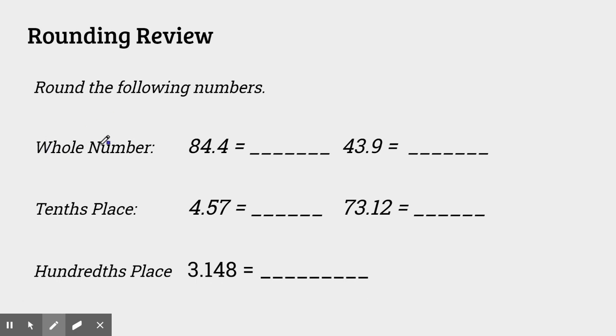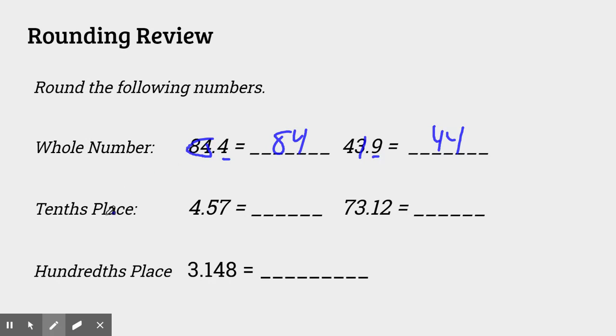If I want to round to the whole number spot, and I have a number like 84.4, this would round to 84 because my 4 here is less than 5, so I'm going to keep this number. Versus here, 43.9, well, the 9 is greater than 5, so this 3 has to change. So to round to a whole number, this would be 44.